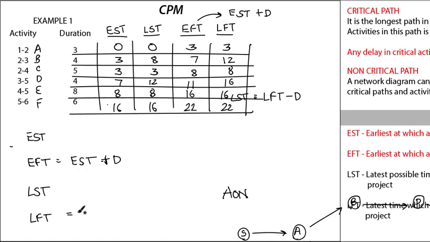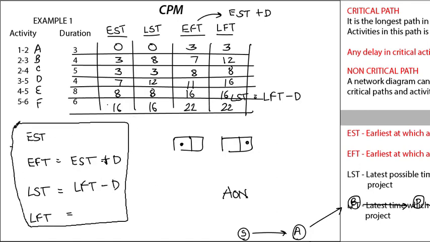Latest finish time is this box, and earliest start time is this box. So latest start time is latest finish time minus duration. Try to apply this again. Try to solve it by yourself, you'll definitely get it, right?